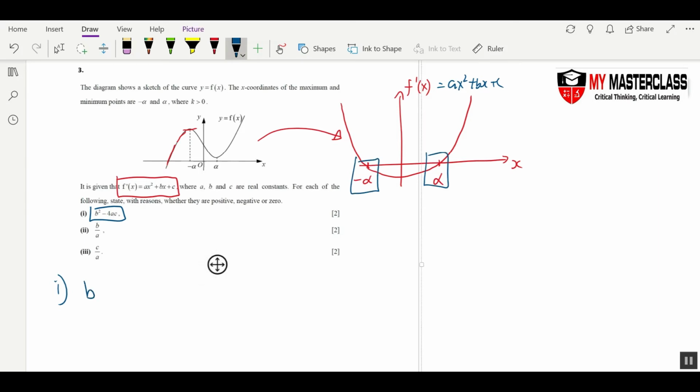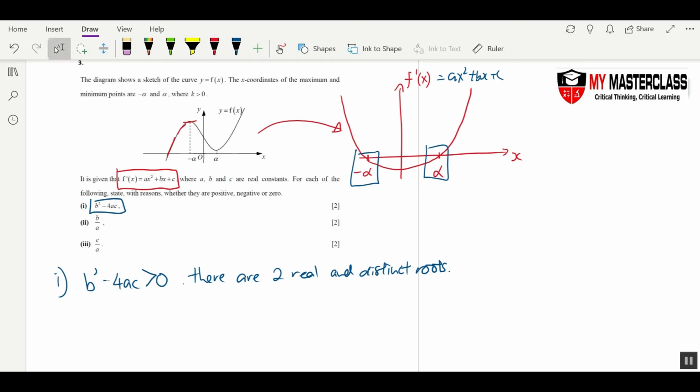So b squared minus 4ac is greater, smaller, or equal to 0? Greater than 0, okay? Why? Because there are 2 real and distinct roots, must say distinct. Okay, greater than 0. All right.